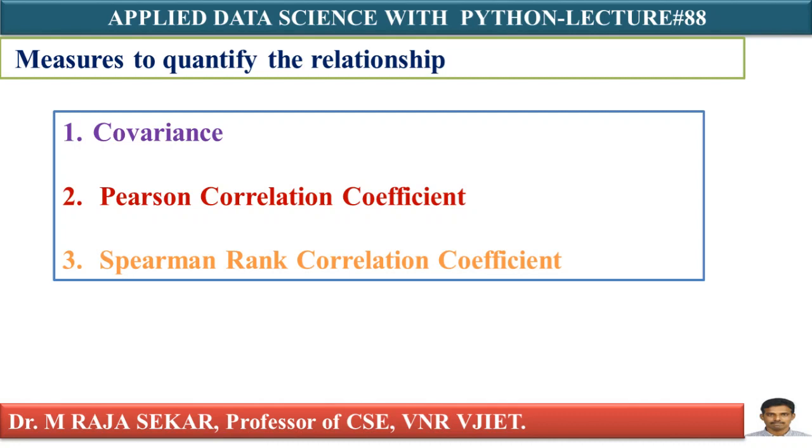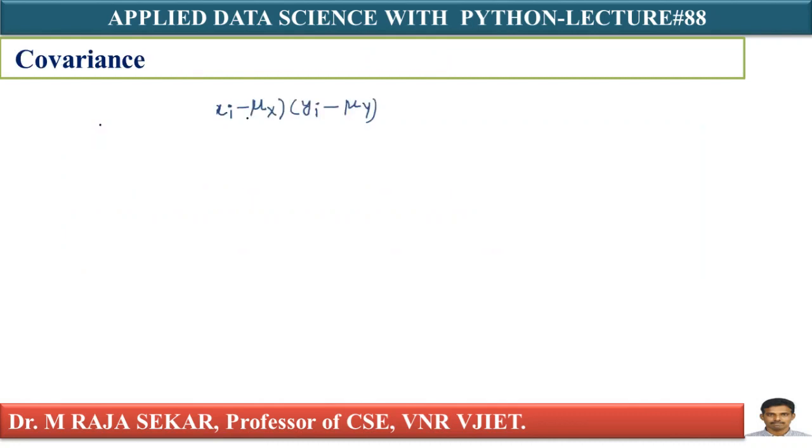These are three measures which are used to identify or quantify the relationship between two variables. We will try to understand the other two measures, Pearson correlation coefficient and Spearman rank correlation coefficient, in my future lectures. Let me concentrate on covariance.